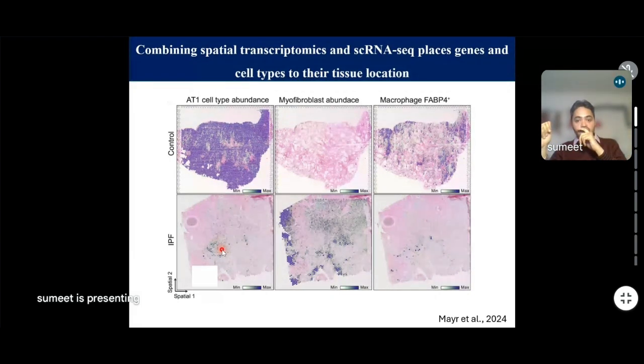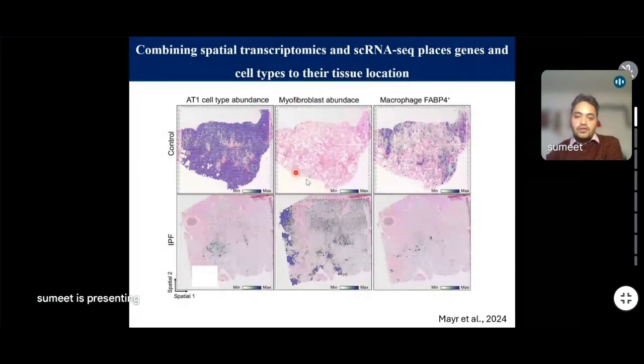Now, the next thing I mentioned was the pathology of the disease. One of the key pathologies is, as the name itself suggests, idiopathic pulmonary fibrosis, meaning a lot of fibrosis. Fibrosis is the result or outcome of a lot of myofibroblasts.